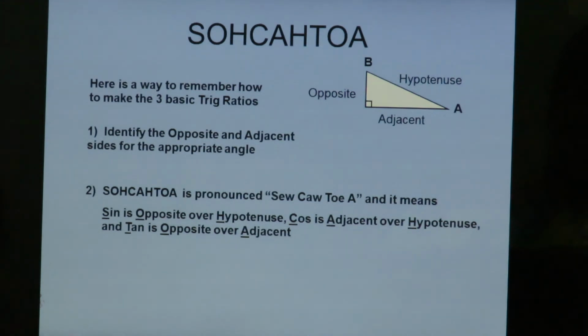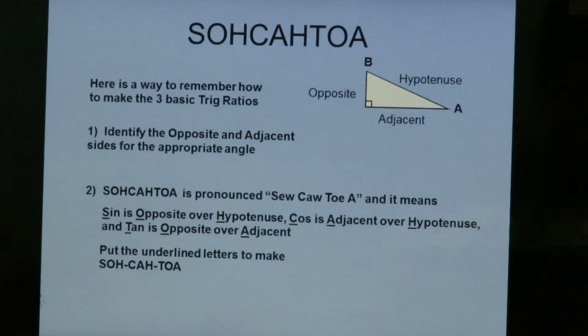So CAH. And tan is opposite over adjacent: T, O, A. So TOA. Put the underlined letters together to form so-ca-to.